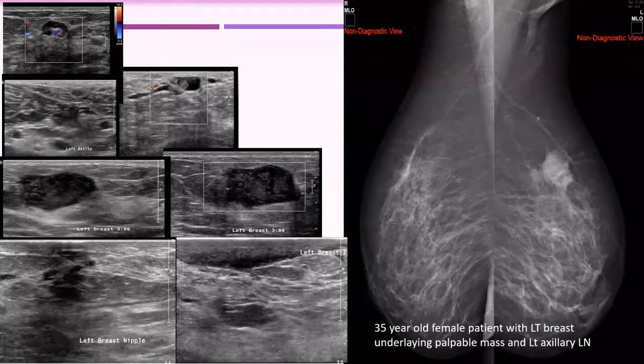I think it is 2 projections of the lymph node. Now this is the left breast lesion, and the image in the corner here is the left axillary lymph node. This is diffuse cortical thickening.